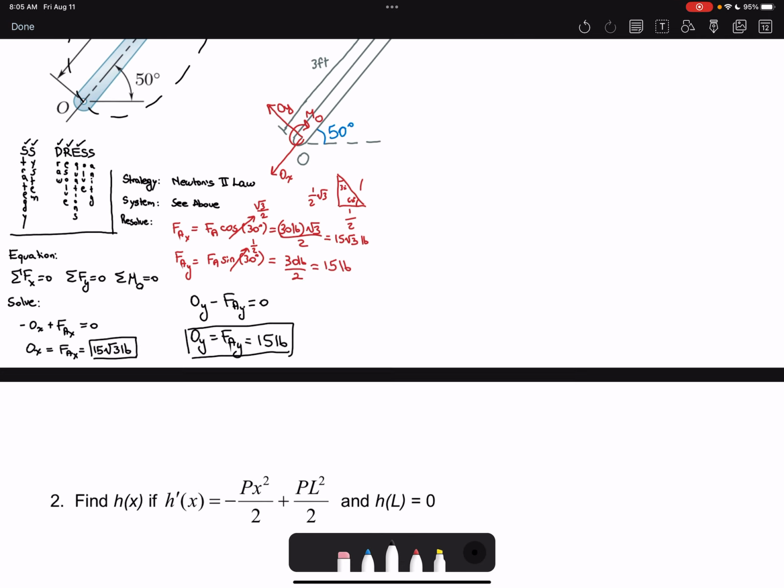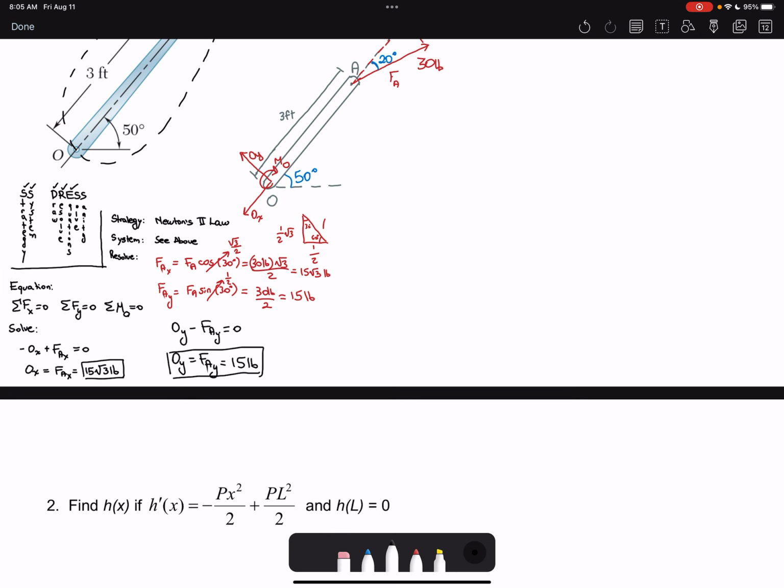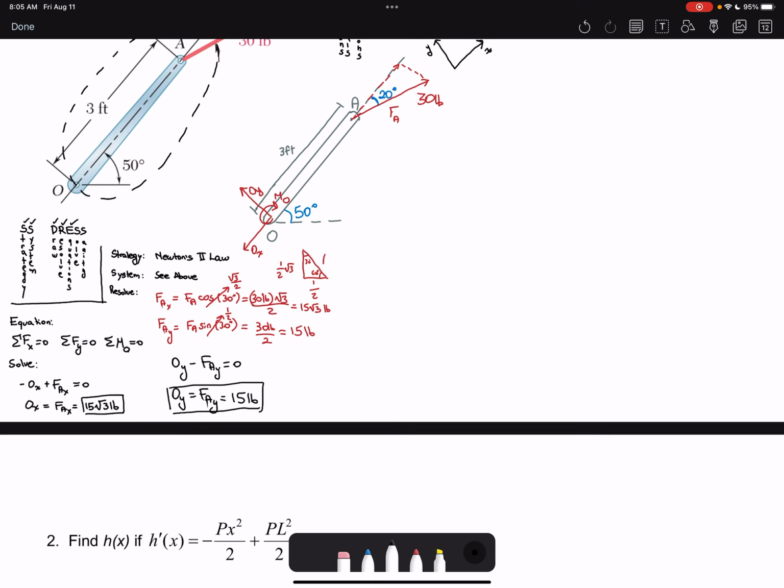And so really all we had to do, but this was a good review, is we just had to say that FAX also acts on the line that passes through O. So the only thing that creates a moment is FAY. And if you use the right-hand rule, you'll notice that it's into the page, the vector of the moment, so it's going to be negative.